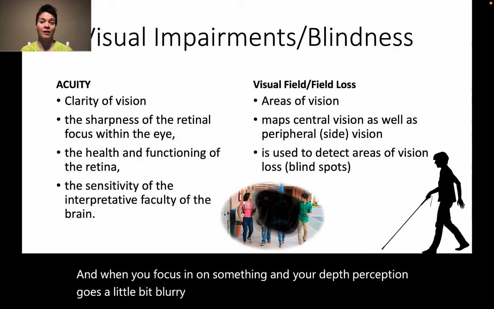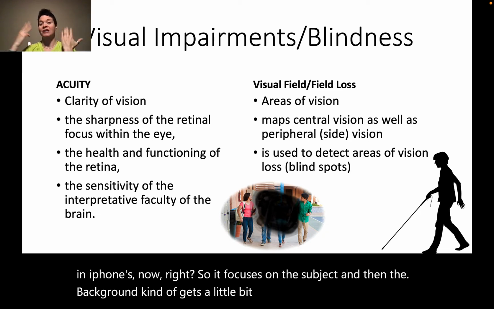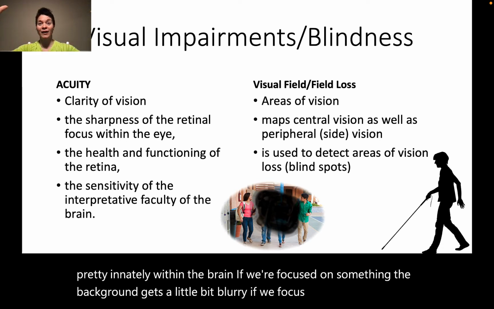You can think about the portrait mode in iPhones now, right? It focuses on the subject, and then the background kind of gets a little bit blurry. Our eye actually does that pretty innately within the brain. If we're focused on something, the background gets a little bit blurry. If we focus on the background, the subject in front of us gets blurry.